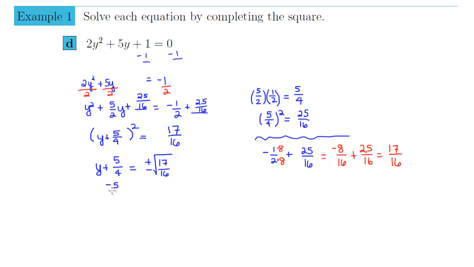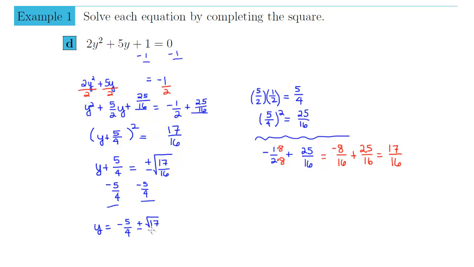We finish by isolating y. That is, we want to subtract 5/4 from both sides of our equation. What does that give us? On the left side, that gives us that y equals, and on the right side, negative 5/4 plus or minus the square root of 17/16. Now notice what I'm going to do.